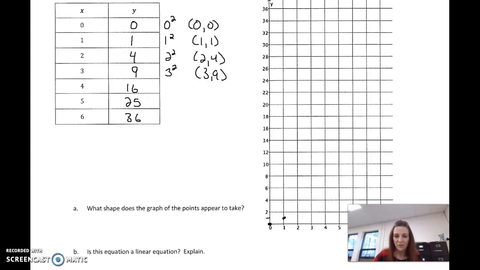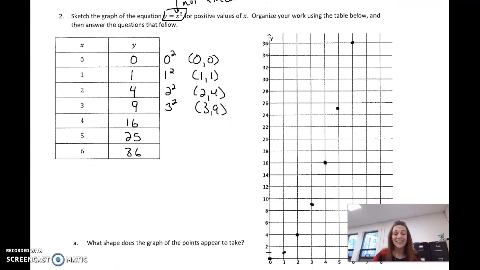Oh, careful, because I've got to notice that it goes up by 2s here. 2, 4. 3, 9. 4, 16. 5, 25. And 6, 36.